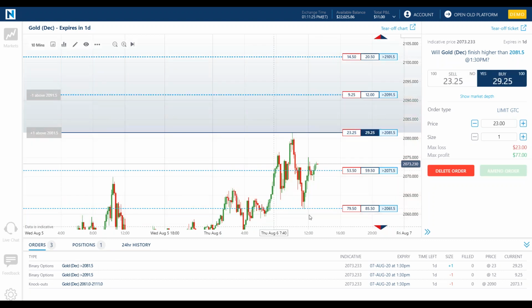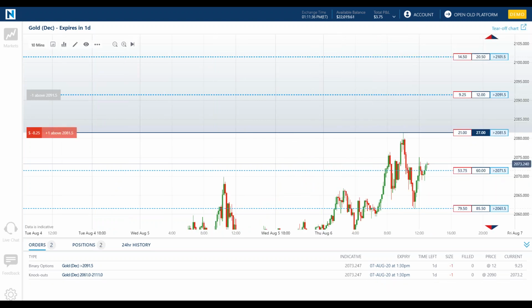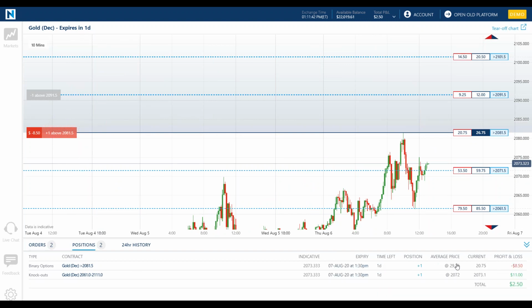So I'm clicking on it. Let's just make this 30. I want to execute. Notice I'm bidding through the offer, and I'm going to amend the order. Okay, I bought one. Now if you take a look at my positions page, I did buy one of these for 29 and a quarter.